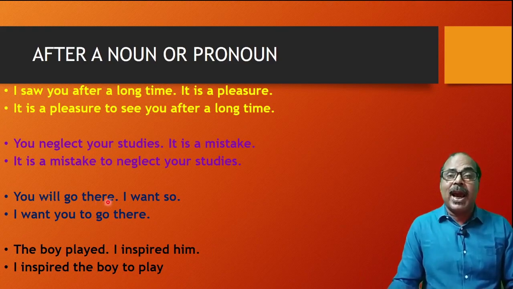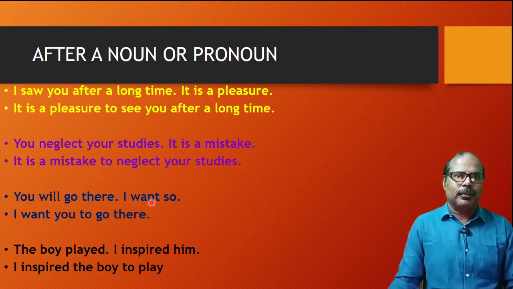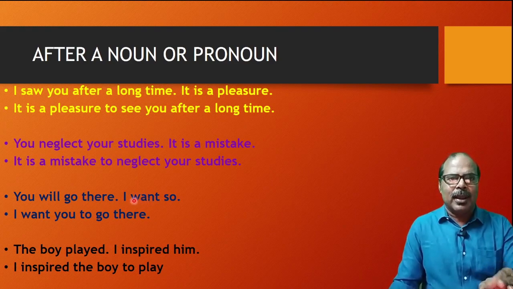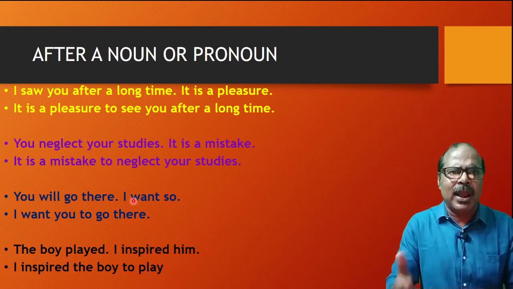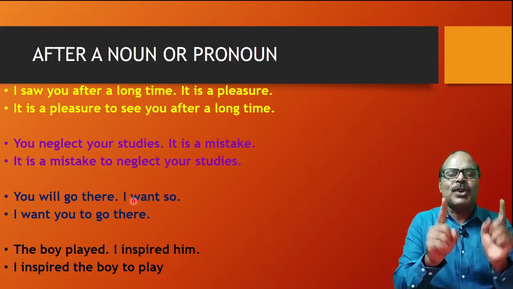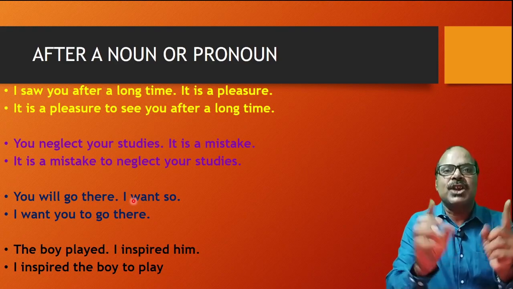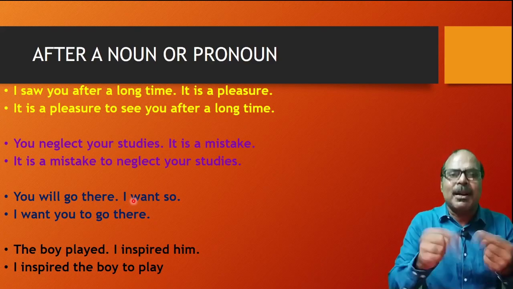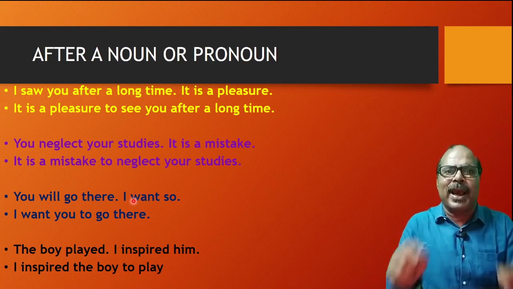You will go there, I want so. Here I can say another sentence: I will go there, I want so. What will be the joined sentence? That means I want to go there.